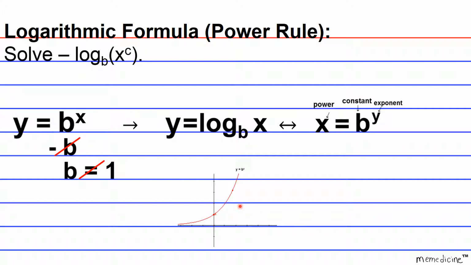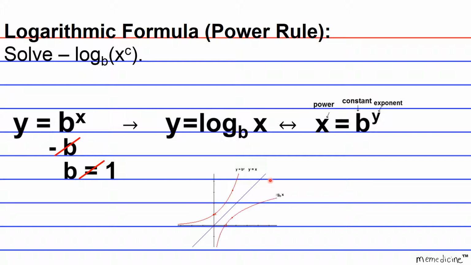And on a coordinate plane, the logarithmic function is the reflection of the graph of the exponential function over the line y equals x.